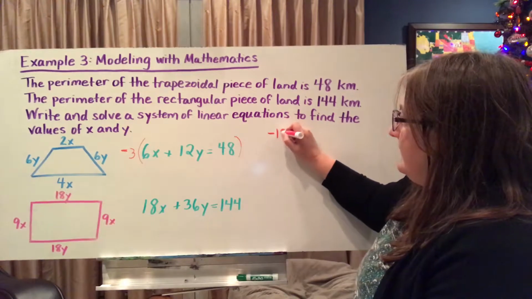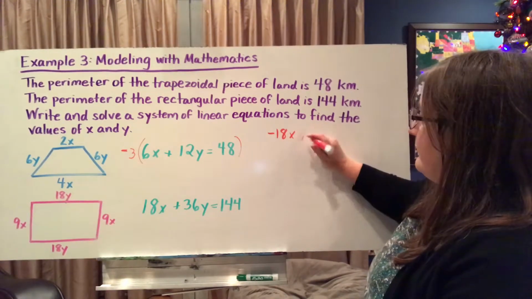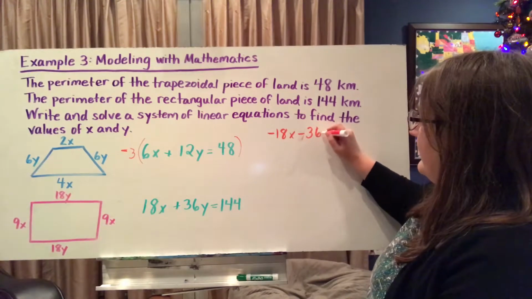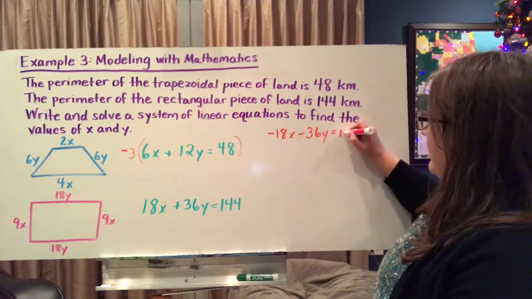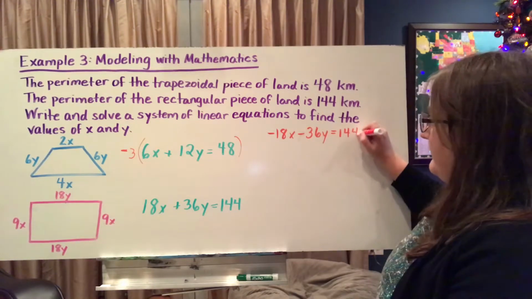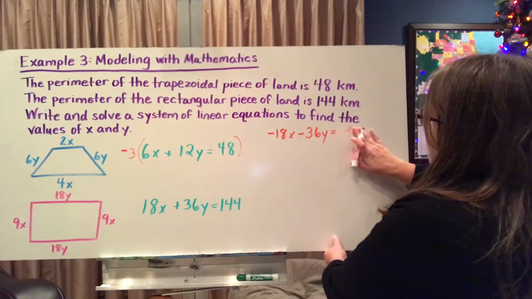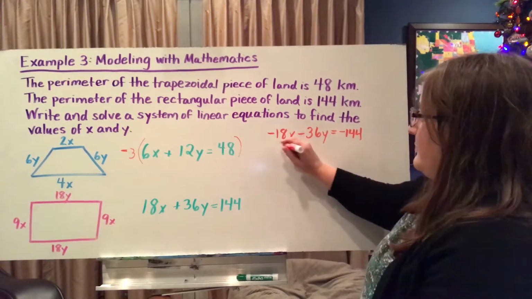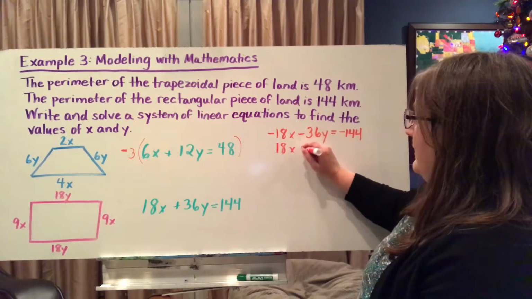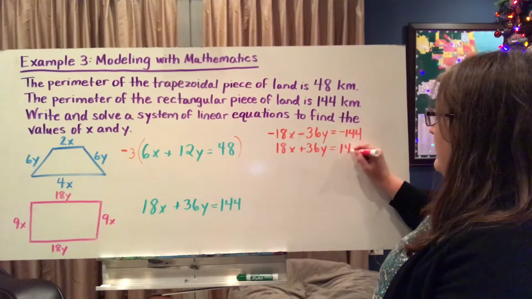So I get -18x minus 36y, and that's going to equal -144. Oh, sorry, negative 144. Oops. And my other equation is 18x plus 36y equals 144.